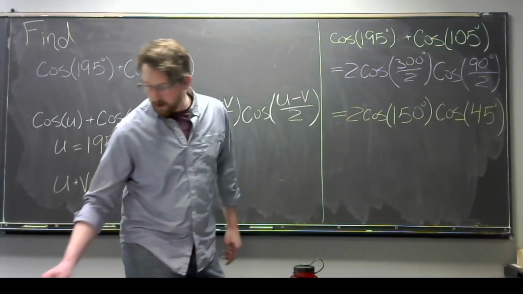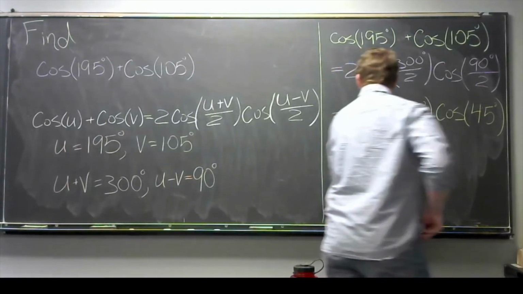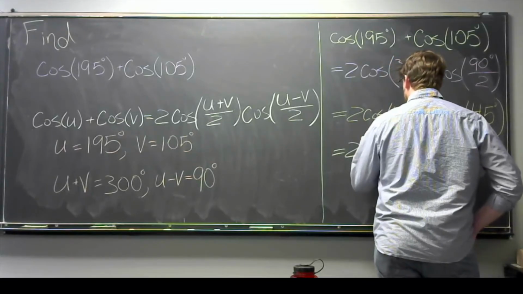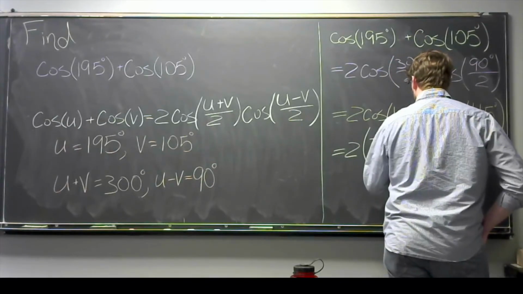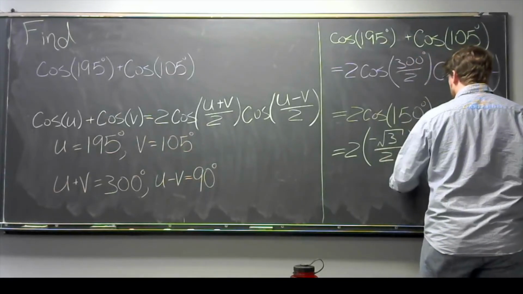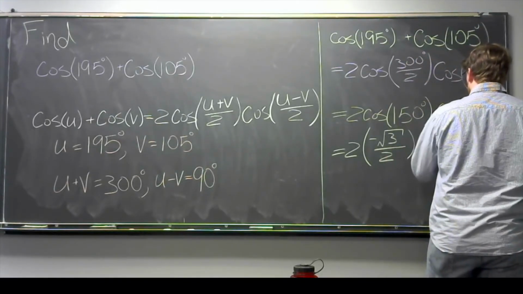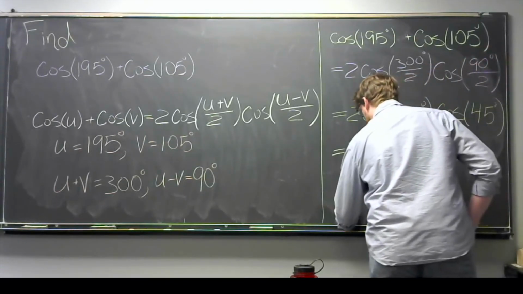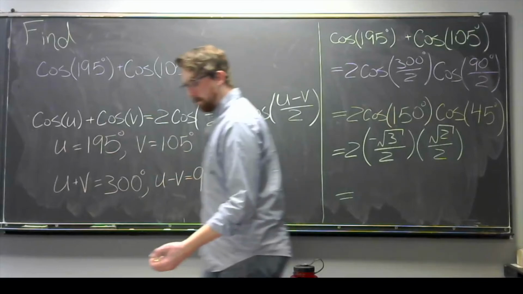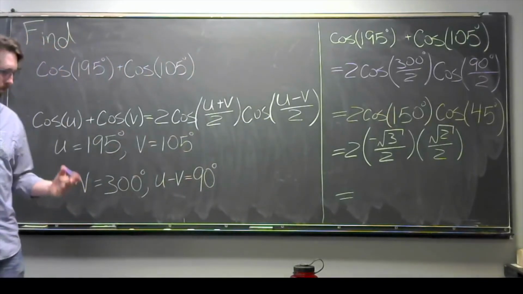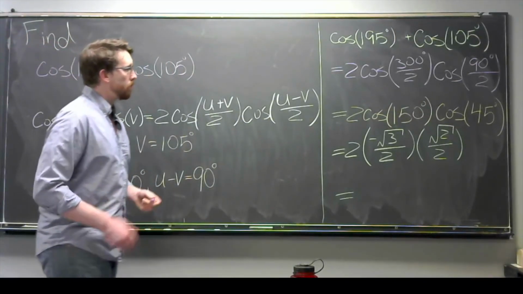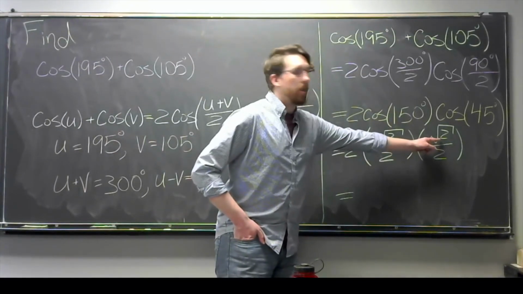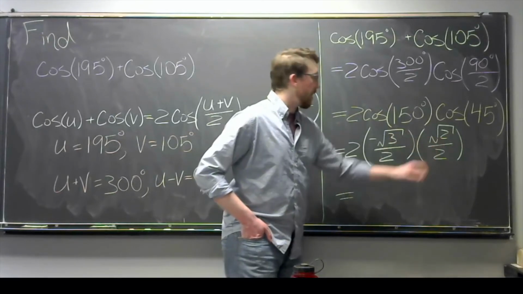So what we have, well, not quite the end, is 2 times negative square root of 3 over 2 times the square root of 2 over 2. We can bring these two radicals together.